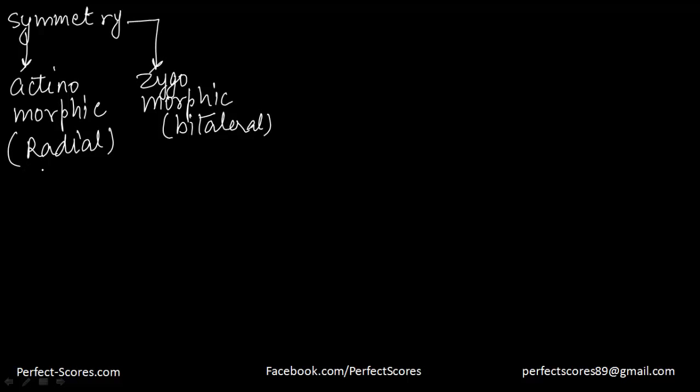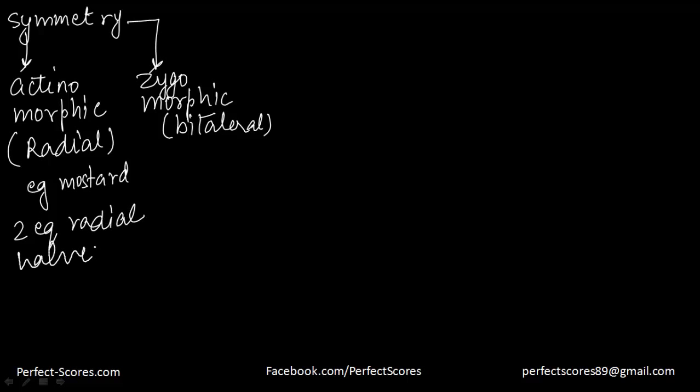Now what exactly are these two terms, actinomorphic and zygomorphic? Actinomorphic is when a flower can be divided into two equal radial halves in any plane passing through the center. For example, in case of a mustard flower or in case of a chili flower, that is called actinomorphic. Two equal radial halves in any plane.